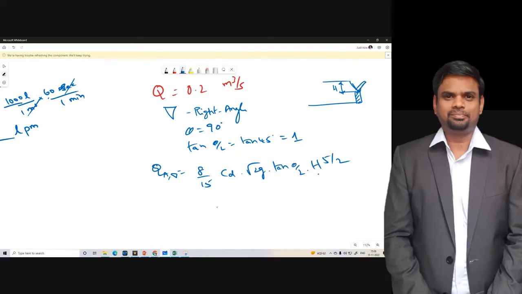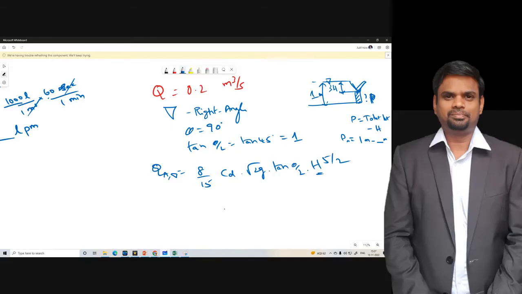The total height of the water level cannot cross 1 meter. Let me call this small height P. P equal to total height minus h. Total height is 1 meter minus this much meters, we get P meters. So the apex height can be determined once we know the h value.